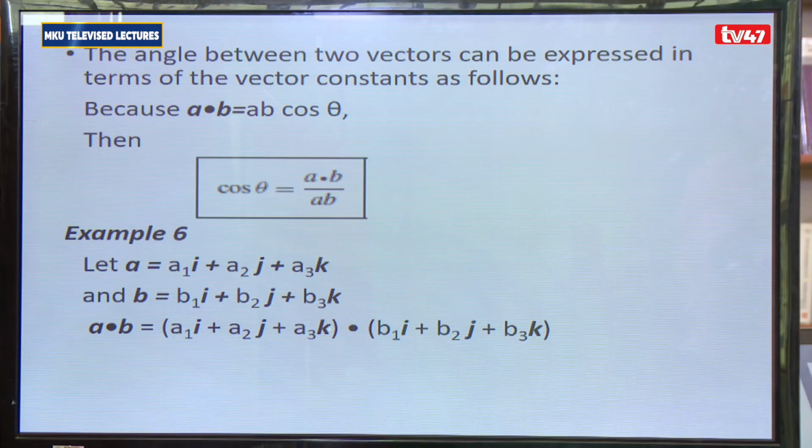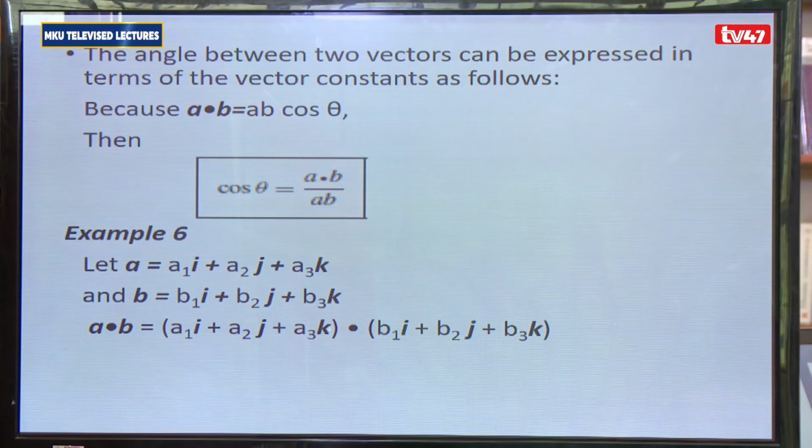we have A given by A1 i plus A2 j plus A3 k. Remember, these are unit vectors which have a magnitude of 1. And then B is given by B1 i plus B2 j plus B3 k.